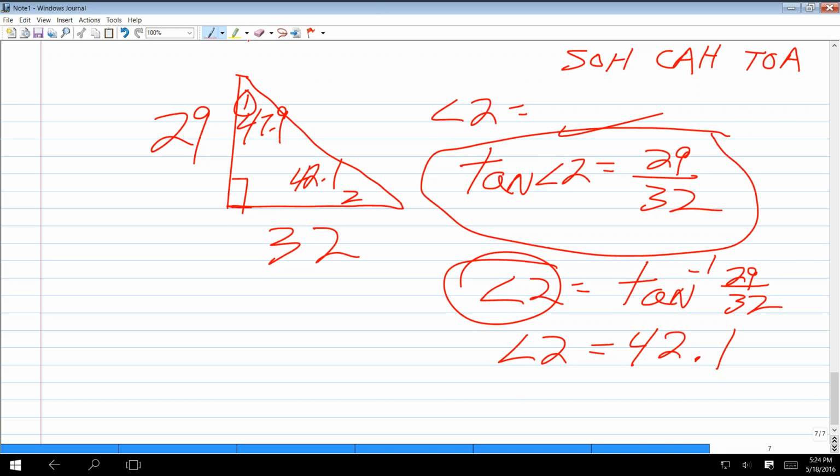Now, let's say they gave you, instead of the two short sides, one short side and the hypotenuse, and they told you that that was the case. Okay. Now, we almost have to figure this out because we don't really know whether this side is shorter than 29 or longer. I can certainly figure out that angle. How would I figure out theta if they gave us this model?